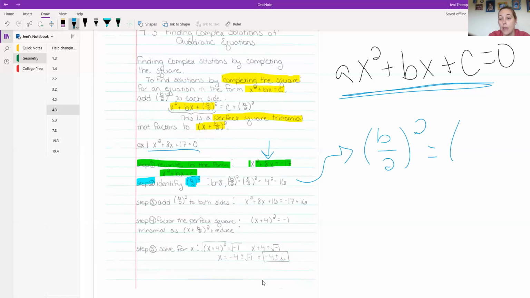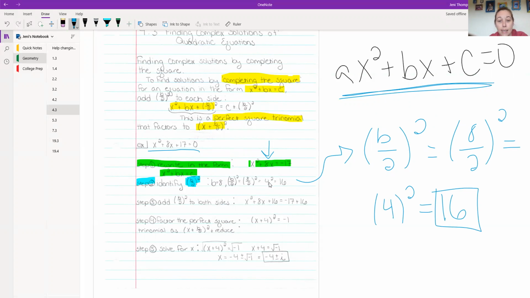So 8 over 2 squared. Well, 8 divided by 2 is 4. So 4 squared, well, 4 squared is 16. So 16 here, that is our b over 2 squared.